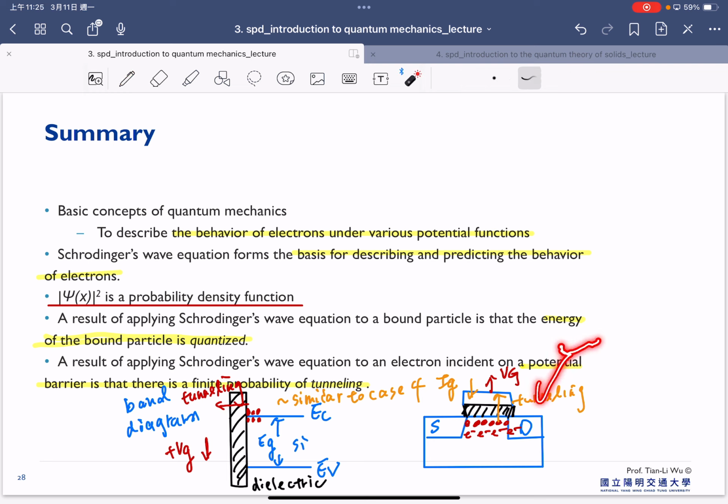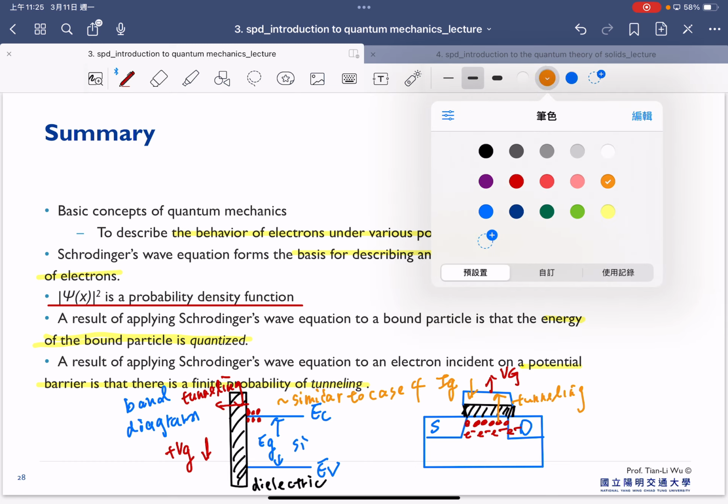The schematic drawing is not that correlated with the potential, but the band diagram is much more correlated to the potential energy. It is also very consistent with the drawings we use when we do the analysis for the wave equation. So that's why in the rest of the chapter, and also in more professional analysis, we prefer to use the band diagram to understand many things.